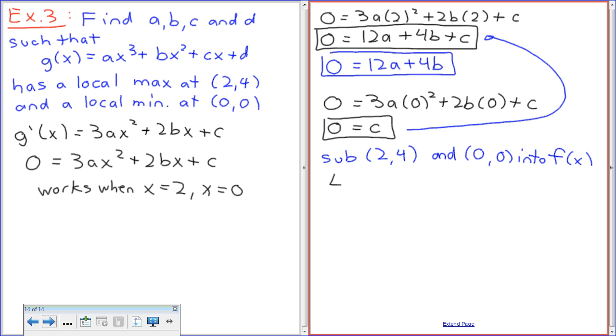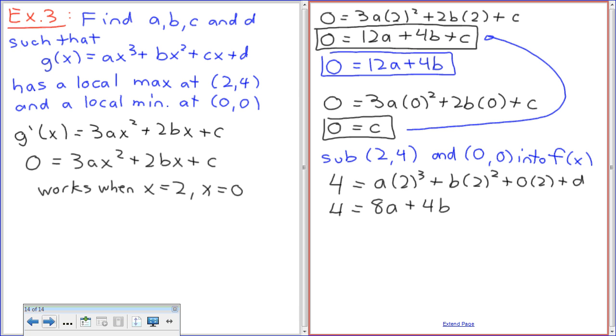I'm going to change that to 0 times 2 because we already know that C is equal to 0. So I'm going to call that then 4 is equal to 8a plus 4b plus d.